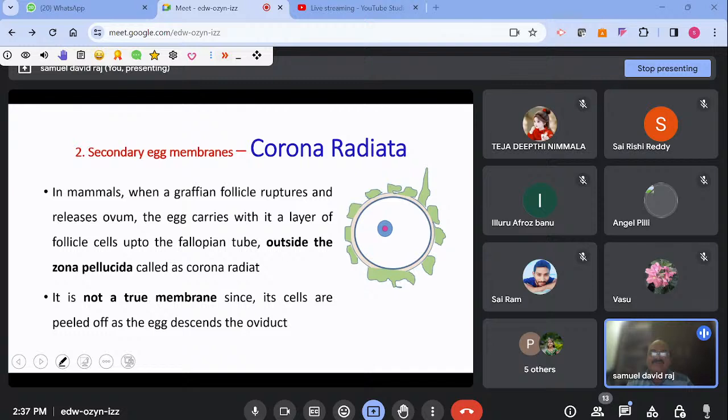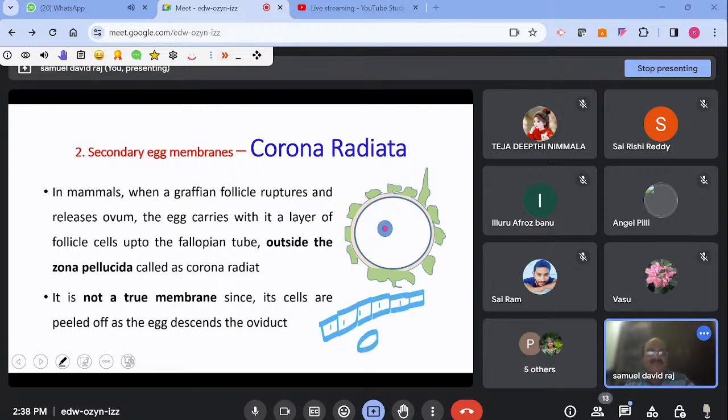And in mammals, though it is absent, some call the corona radiata a secondary egg membrane. But to be precise, it is not a true membrane at all. Membranes mean the cells should be continuous, side by side with tight junctions, isn't it?